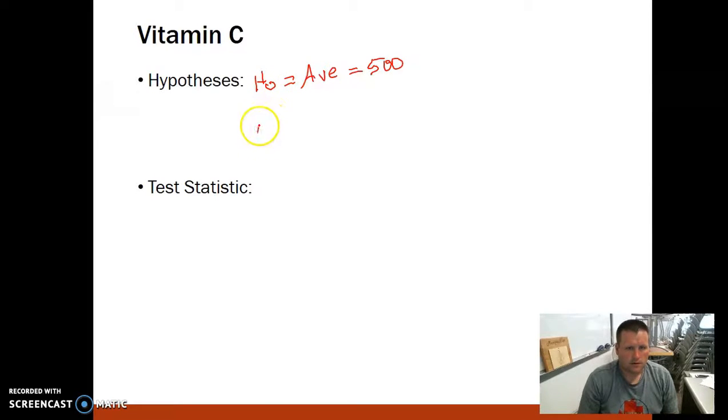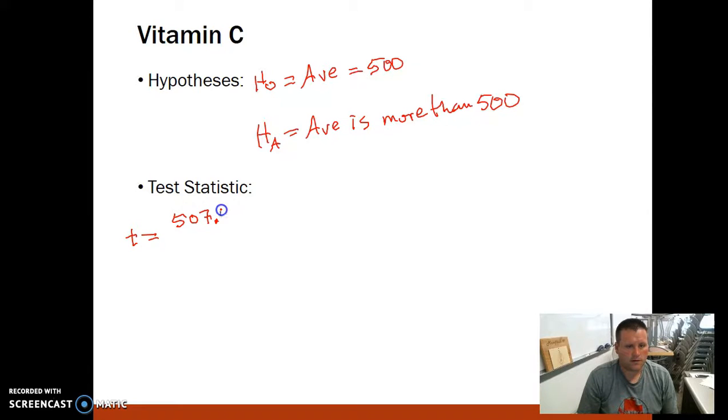Okay. And then my alternative is that the average, because we have 507, that's bigger, the average is more than 500. Need to find my test statistic, so I'll find my t-score. Remember, that's my observed. My observed was that 507 that I just found in the calculator, minus my expected, which was 500.